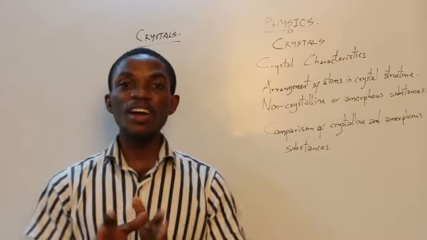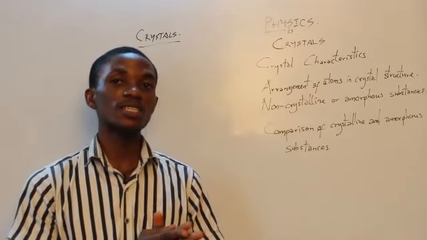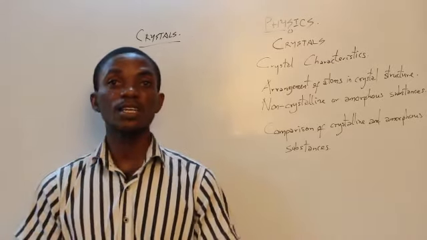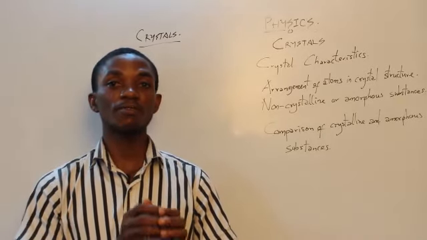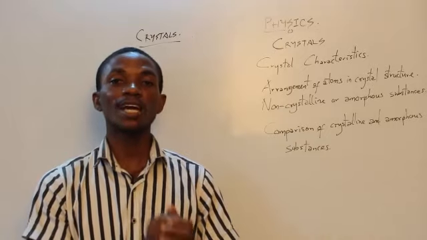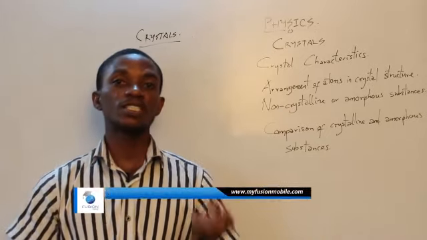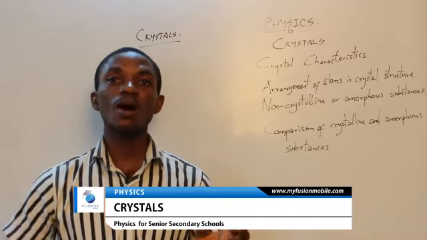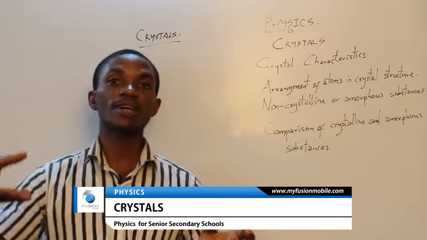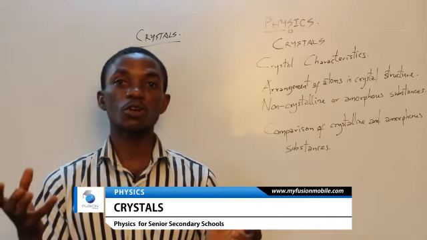So, a very good example to describe the difference between crystalline substances and amorphous substances is the situation of carbon. You can find carbon in form of diamond, and you can also find carbon in form of soot called charcoal. The diamond structure of carbon is a crystalline structure, while we have the soot or the graphite or the charcoal as the amorphous structure of carbon.